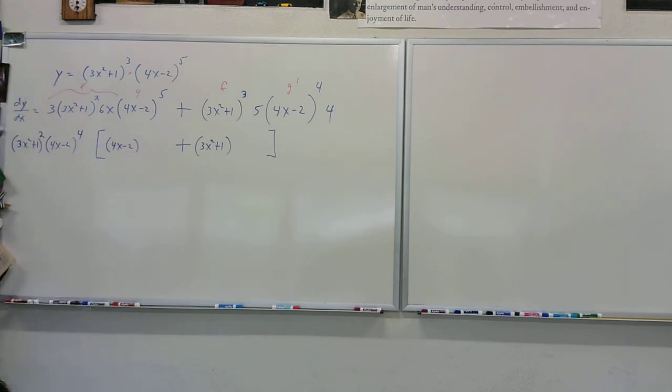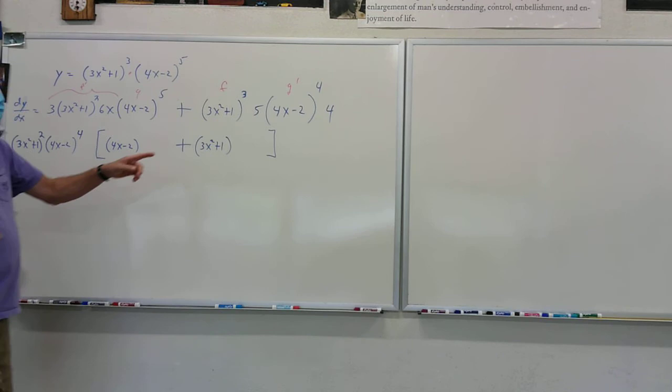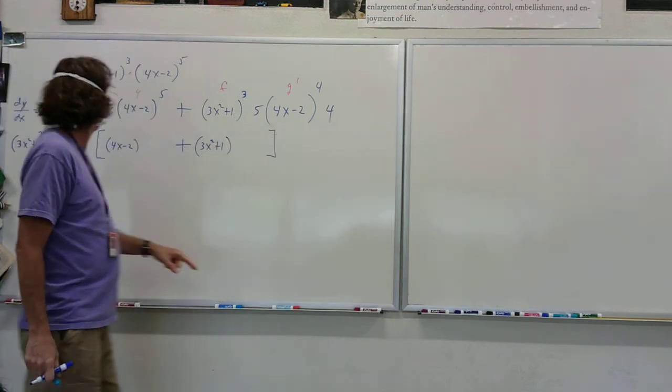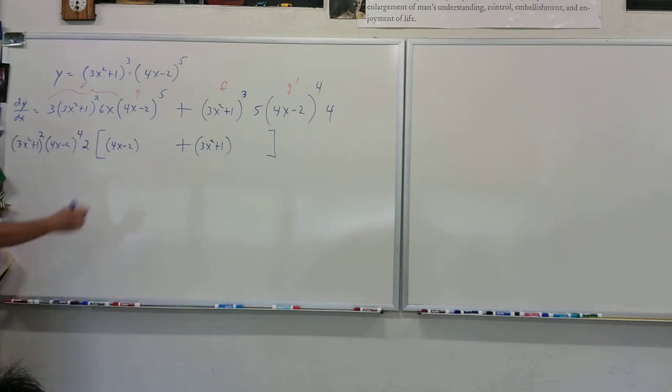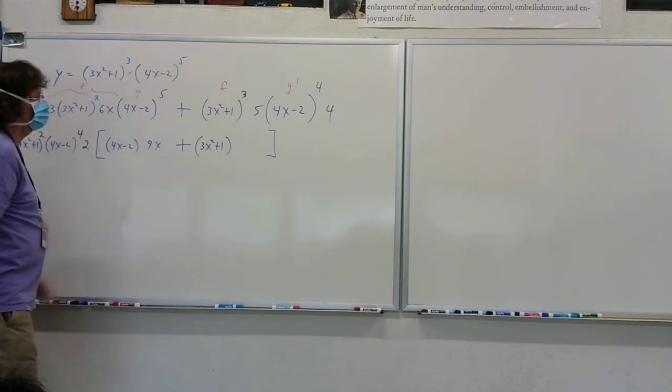Now, once you get rid of that, you can start worrying about these other parts. I got a 4 here, and I got a 6 here. Does everybody agree I can factor 2 out of both of those? Is that okay? So we'll do that. Now we'll put it here. So that's going to leave 9x, and that's going to leave 10.